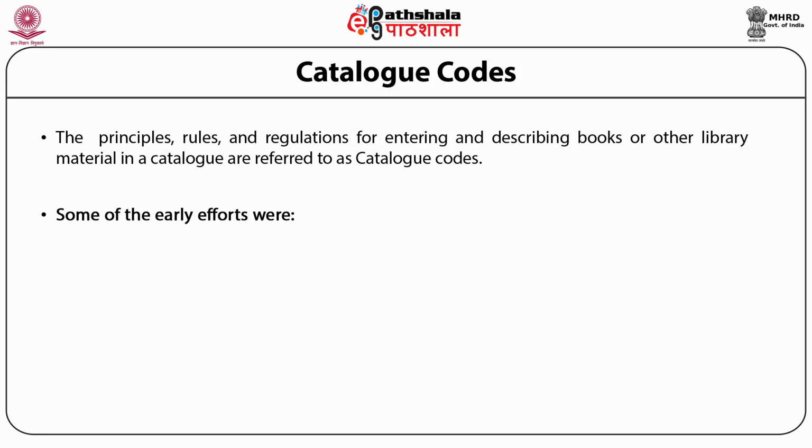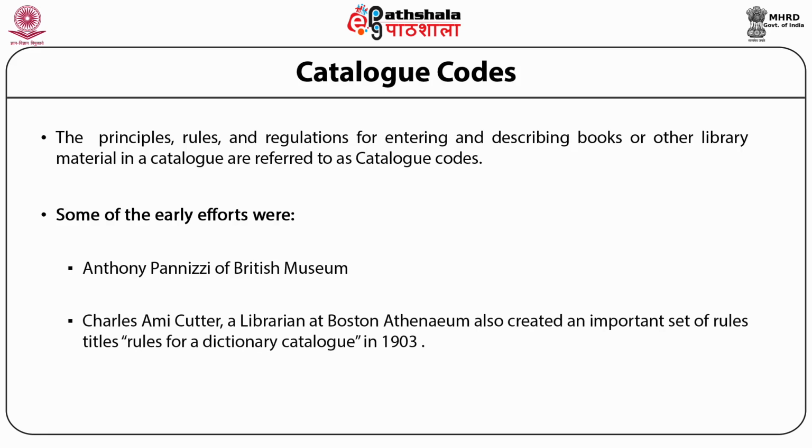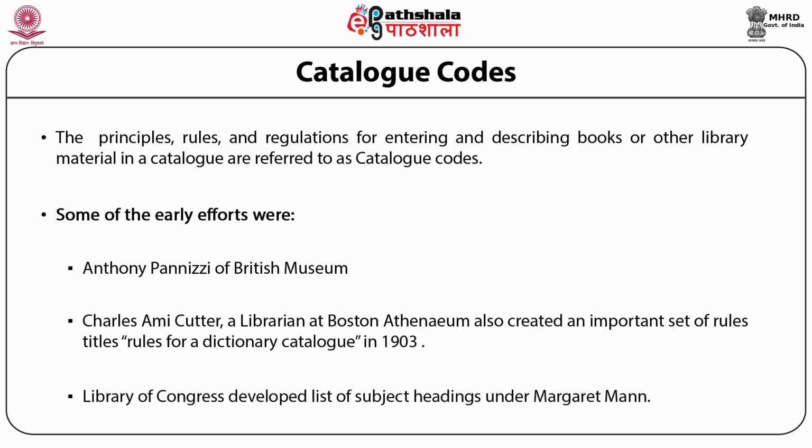Some of the early efforts with regard to the preparation of cataloging rules or codes were firstly by Anthony Panizzi of the British Museum Library, and secondly Charles A. Cutter, who was a librarian at Boston Athenaeum, also created an important set of rules referred to as Rules for a Dictionary Catalog in 1903. Then the Library of Congress also developed a list of subject headings under Margaret Mann. Besides that, several other efforts for preparing cataloging codes have been there internationally, which we will be knowing about in subsequent parts of the module.